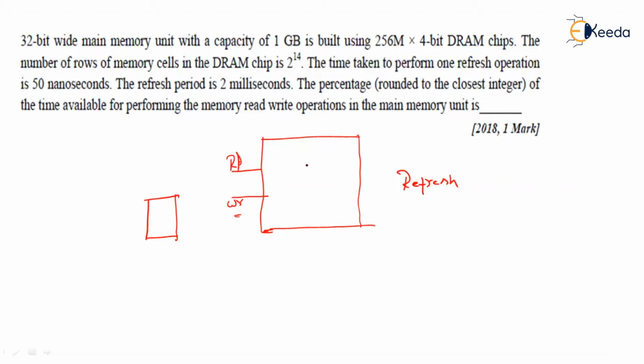Why refresh period? We don't need to get into the details. But the thing is, main memory has to be maintained for every 2 milliseconds. For every 2 milliseconds, the maintenance team will come and the team is going to maintain the main memory. This is called refreshing.